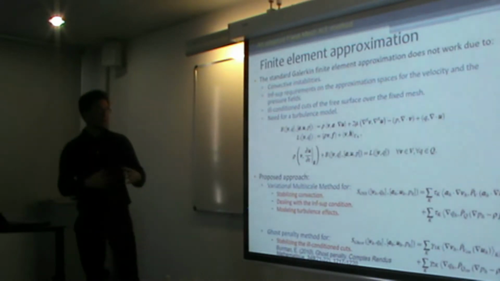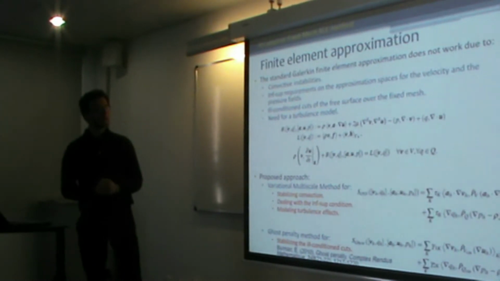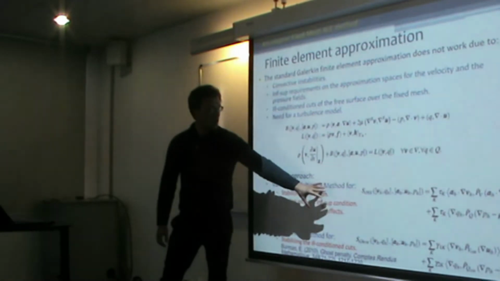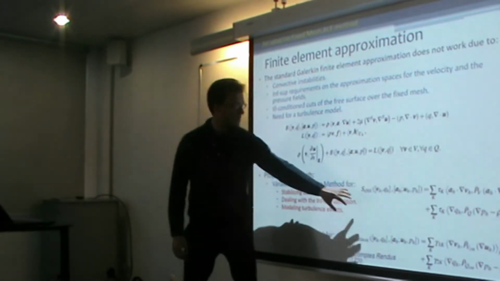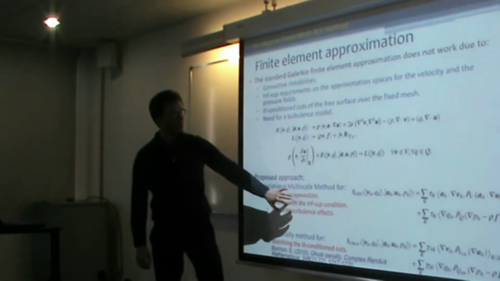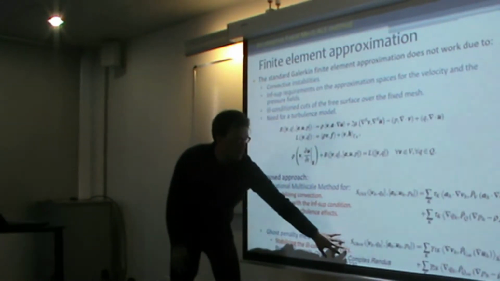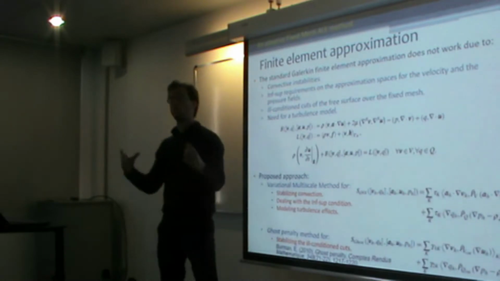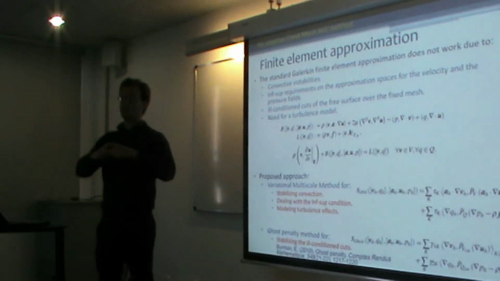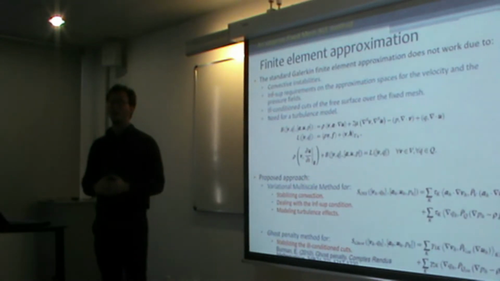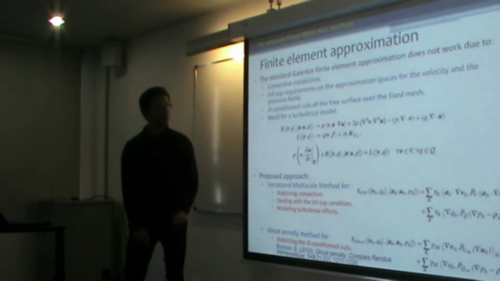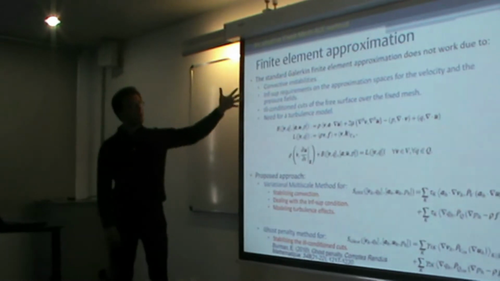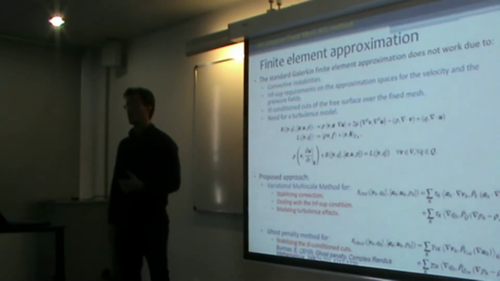The form in which we implement this method is very similar to the variational multiscale method, because we are using orthogonal spaces for the subscales in the variational multiscale method, and we implement the Gauss penalty method also as an orthogonal projection of the gradients in the elements which are at the interface. And then by using these two ingredients in our formulation, we can deal with all of these issues which we originally had.